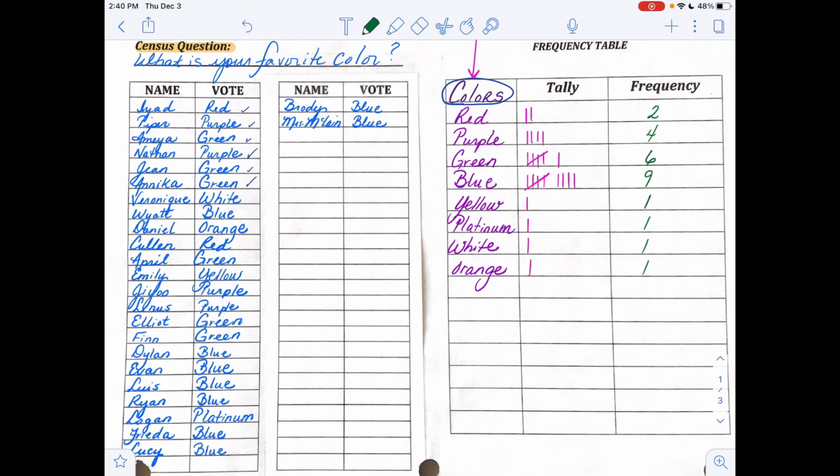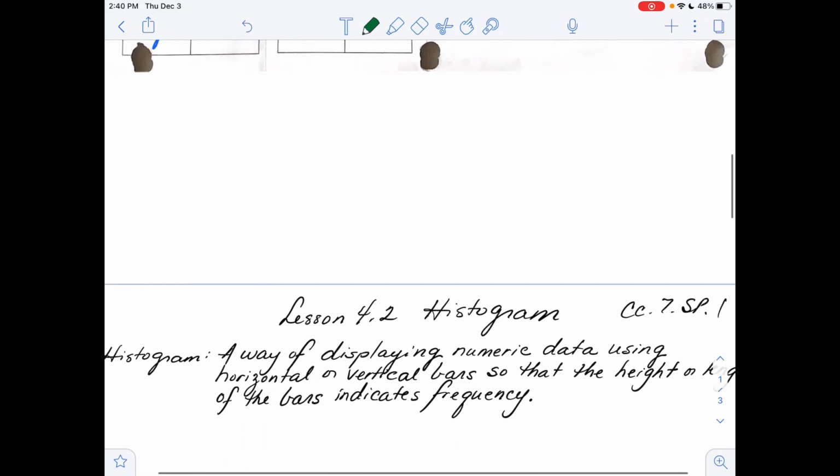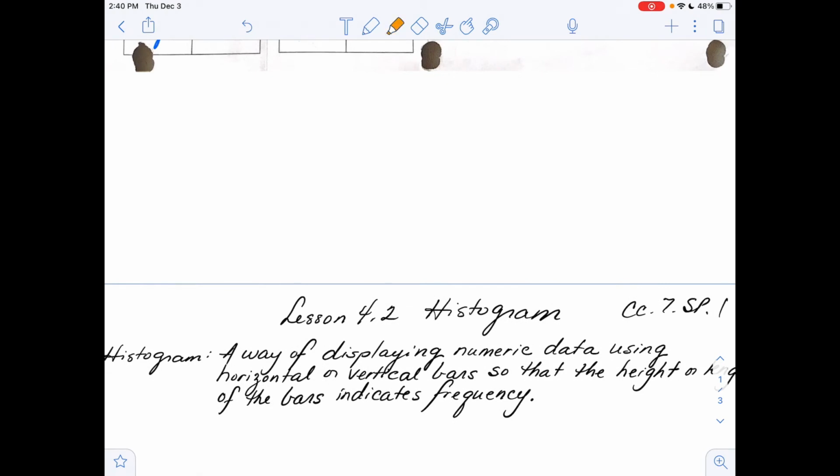Now you're going to be creating a census for me and making this group frequency table in class. But from that, I'm going to ask you to make a histogram. And continuing our notes, a histogram, if I look at that definition, is actually just a way of displaying that numerical data.